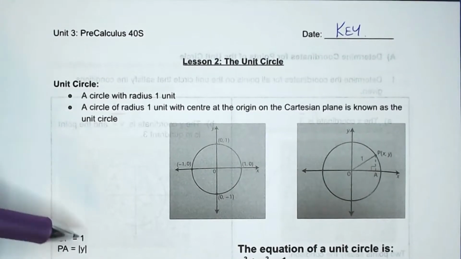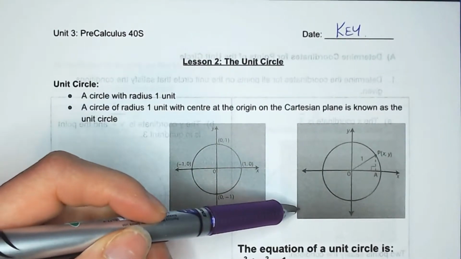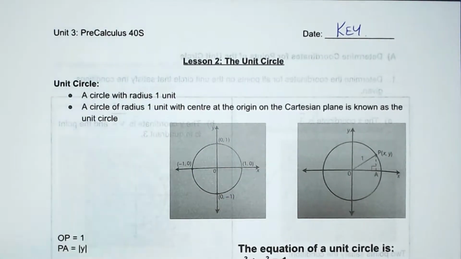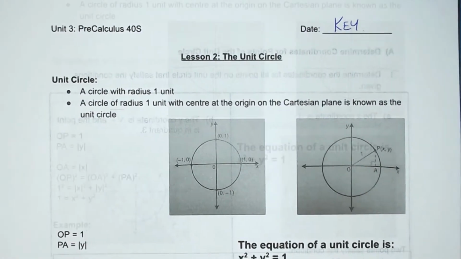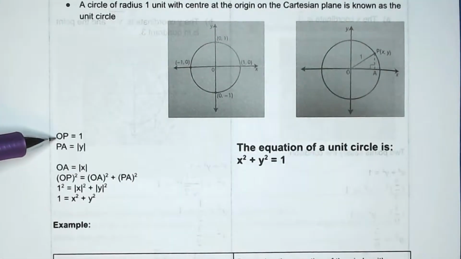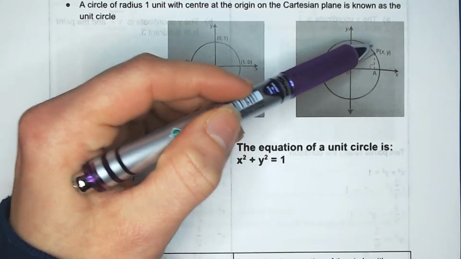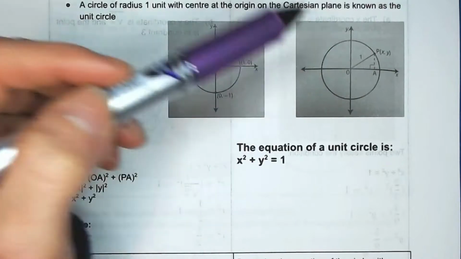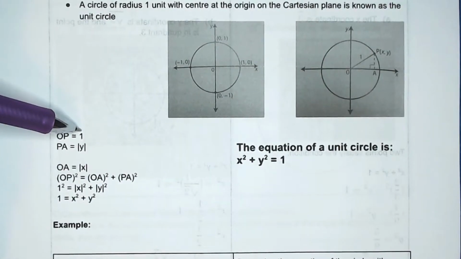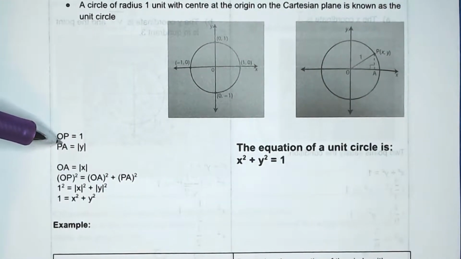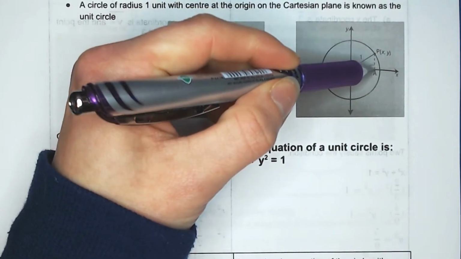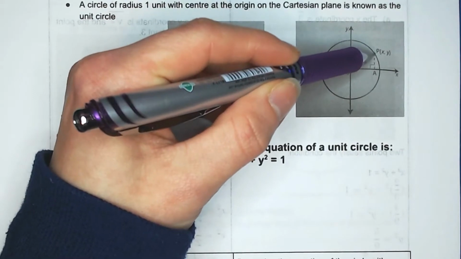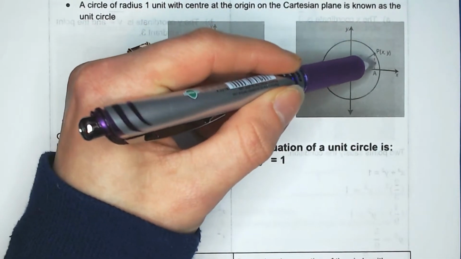Now, if we look at this circle on the right here, we're going to talk about how we get the equation of the unit circle. So if you see line segment OP, that's our radius. It's going from here to here. Our radius here on the unit circle is always 1. And then the line segment PA, which is this one here, is superimposed as a right angle triangle.